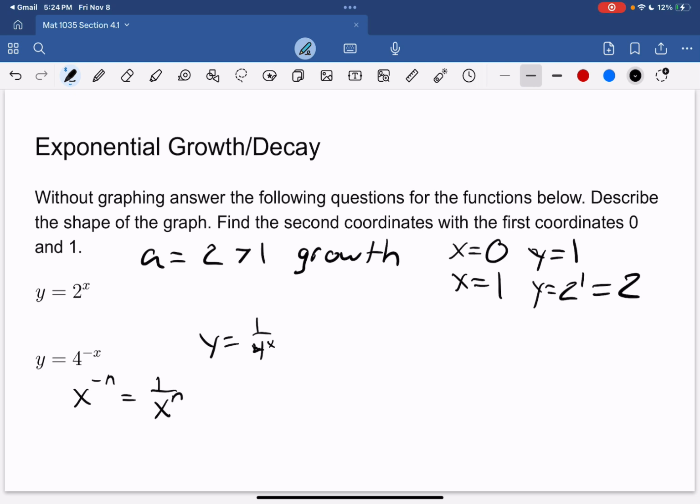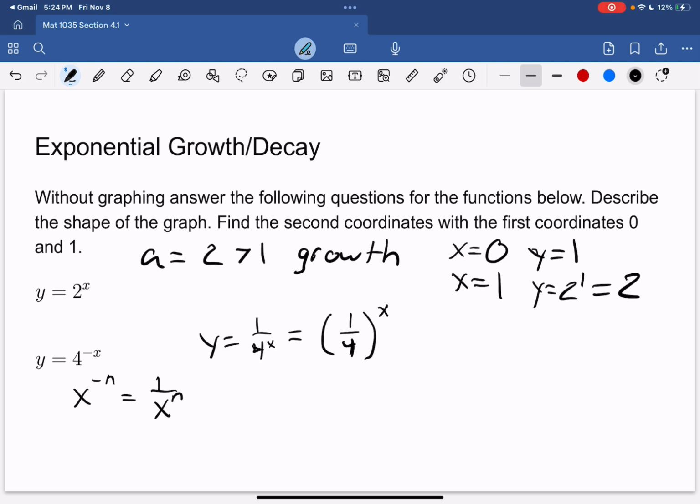Okay. So my a value is less than 1 and it's greater than 0. So we're going to have decay, but I do want to remind you of this. If I have 1 in the numerator, then I can say this is actually 1 over 4, raised to the whole quantity raised to the x power.